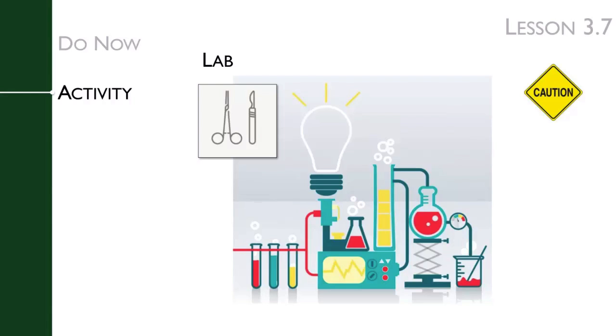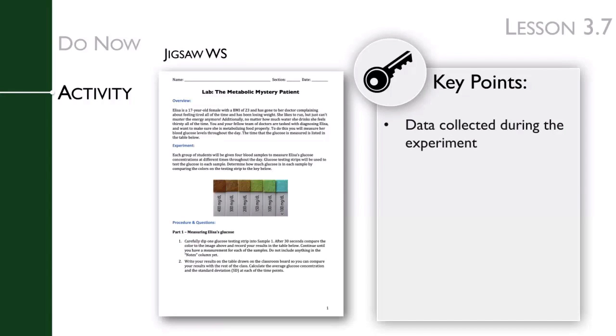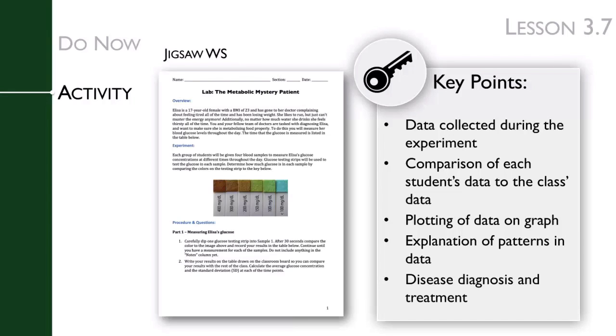The activity worksheet asks students to take notes on those key points, which are data collected during the experiment, comparison of each student or group of students' data to the class's data, including averages and standard deviation, plotting of data on a graph, explanation of patterns in data, and disease diagnosis and treatment.